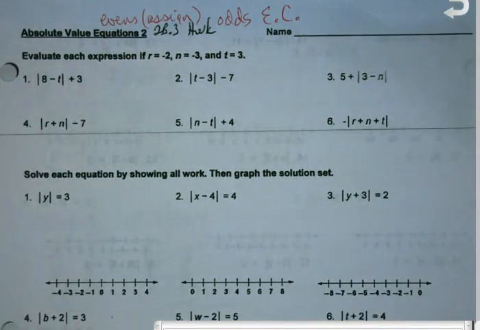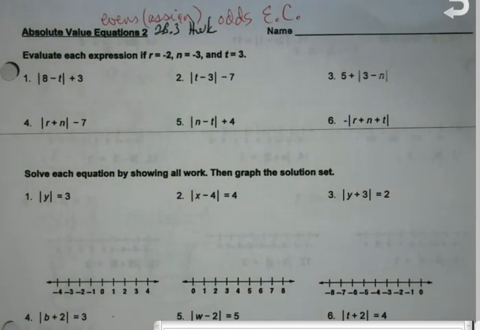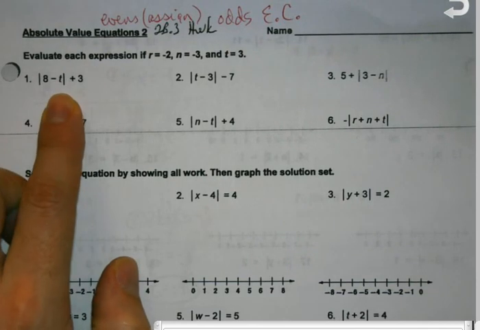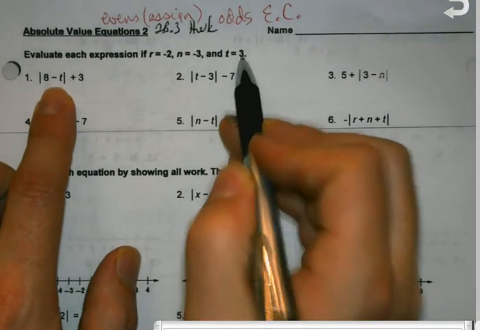I want to show you one thing on this before I give it to you, because I actually want you focusing on me and not trying to work ahead on this. 2 little things here at the top. When it says evaluate each expression, you're just going to substitute and simplify. So for instance, if I'm doing number 1, again, this will still be here when we're done. The t-value is 3.